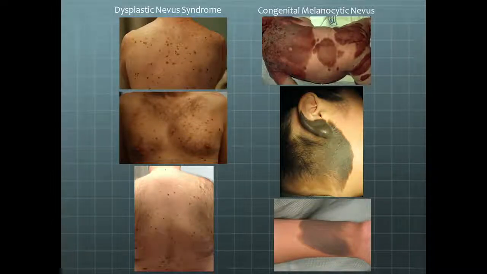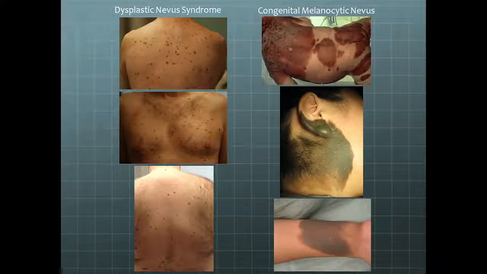Whether these are patients with dysplastic nevus syndrome or patients with many nevi, they definitely have a higher risk for developing melanoma. And then here are individuals with what we call congenital melanocytic nevi. The typical classification is that at birth, these individuals have these nevi present. It's not so much an acquired phenomenon.